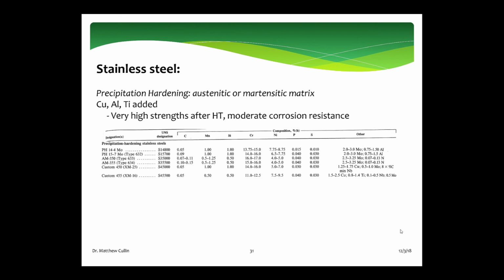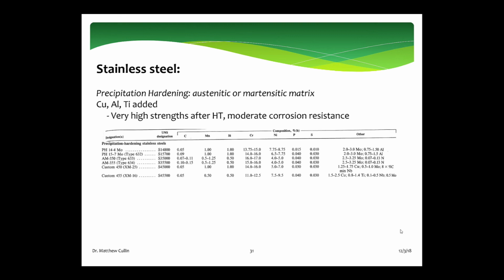And so generally what you're going to start seeing showing up here is going to be copper, aluminum, and titanium. So those are the elements that we're going to add in order to encourage the formation of these precipitates.